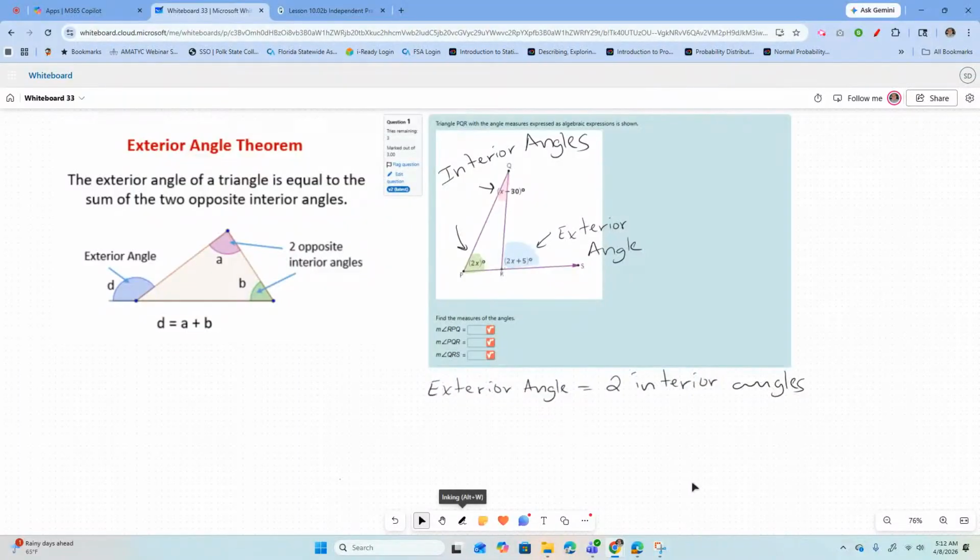So now what we need to do is take the exterior angle, that is 2x plus 5, and set that equal to the two interior angles. So the 2x, the one I highlighted in green, I'm going to add that angle with the one that I highlighted in pink, which says x minus 30.